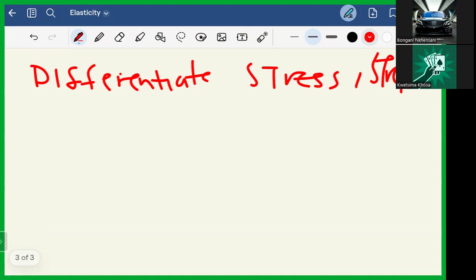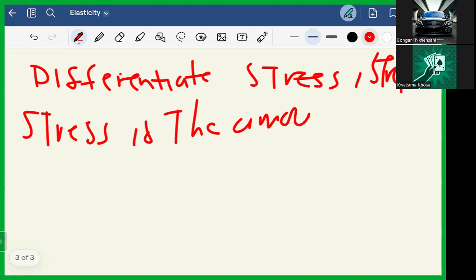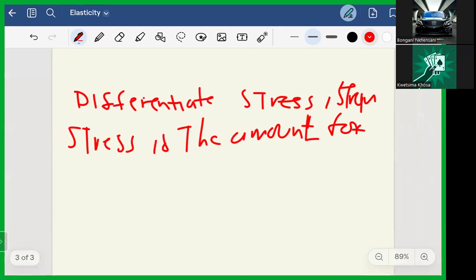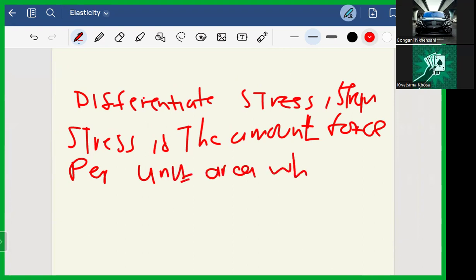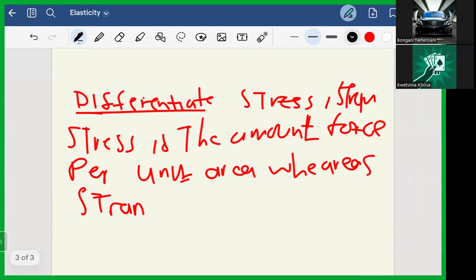So with stress, you can simply tell them that it is the amount of force per unit area, whereas strain is different. Strain is the deformation, or change.